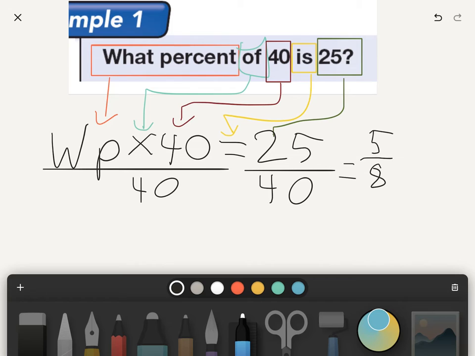Now I want to convert my fraction to a decimal, which I can then convert to a percent. Okay, well I'm assuming you know how to do it. Yep. So just check yourself with me.